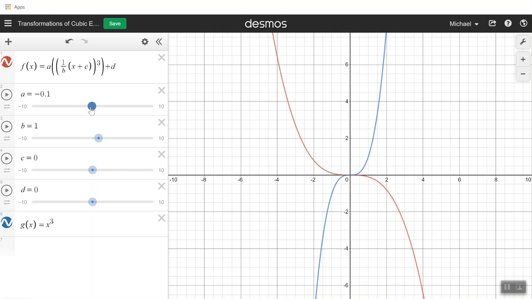If I go to negative 1, it literally looks like I flipped it over the x-axis. Similarly, with our value of b here, if I make that negative, it's also flipping it over the y-axis. So stretches, shrinks, translations left, right, up, down, and flipping over these axes are things we can do.